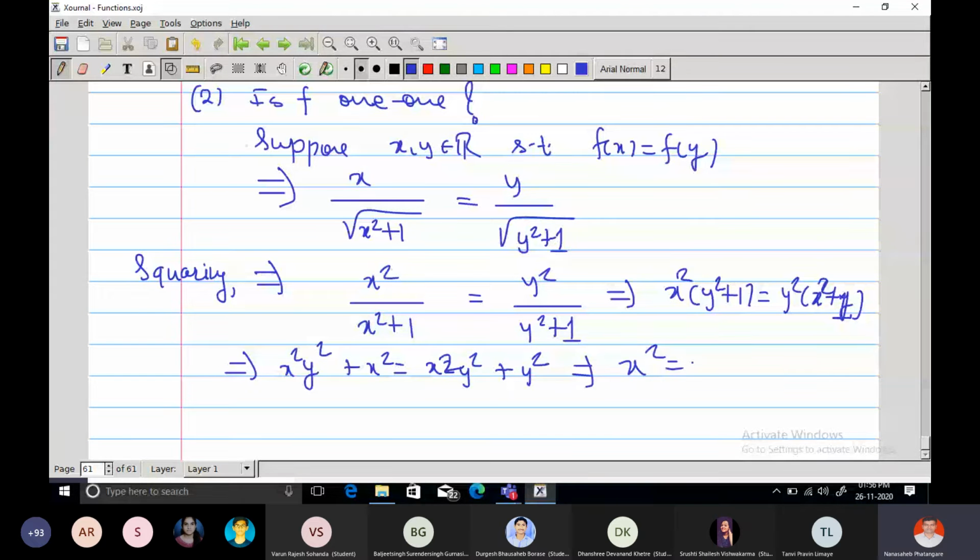No. In general, no. Right? Because if x is equal to 1 and y is equal to -1, x square is equal to y square, but x is not equal to y. So we cannot directly say that x square is equal to y square implies x equals y, but what we can certainly say is x is plus or minus y. That is certainly true. Correct?